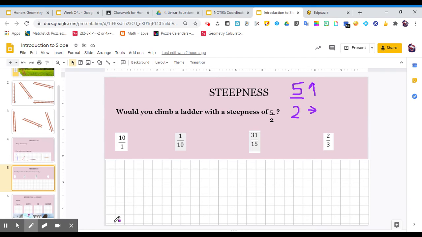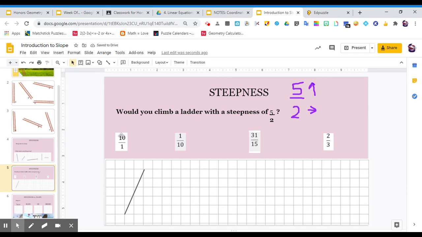So from here we go up 1, 2, 3, 4, 5, over 2. Does that look steep or not steep? That's a pretty nice line segment. I think that looks like a pretty good ladder to climb.